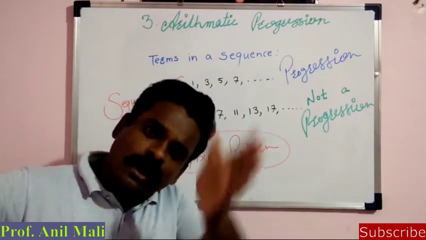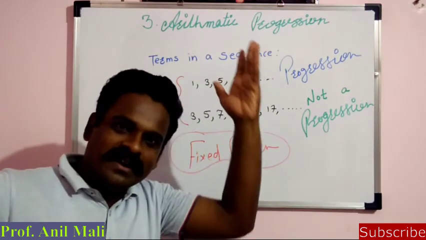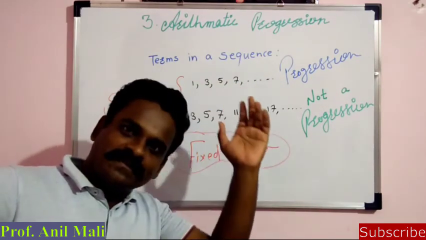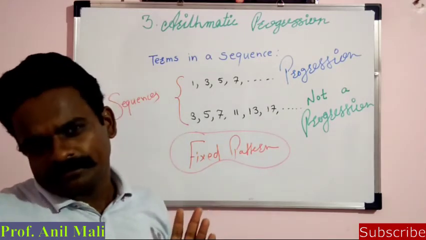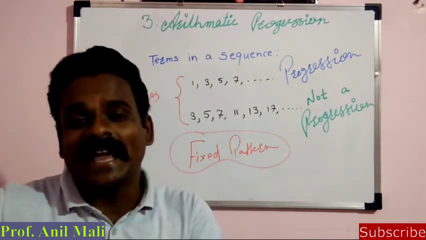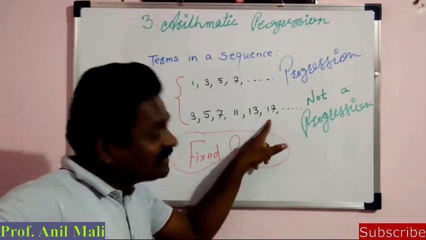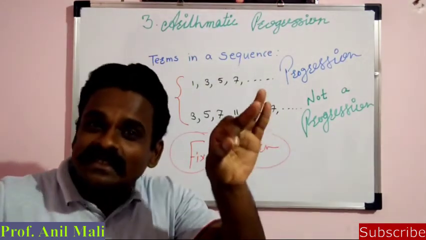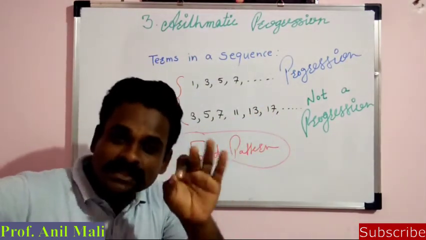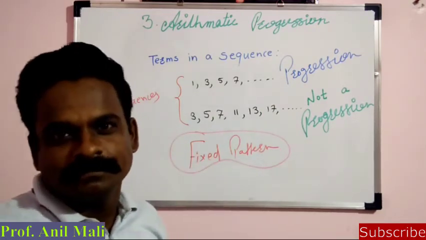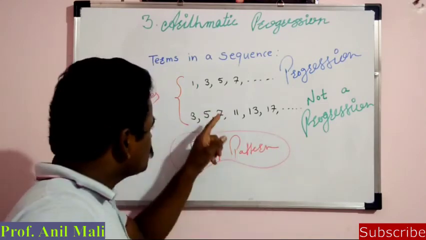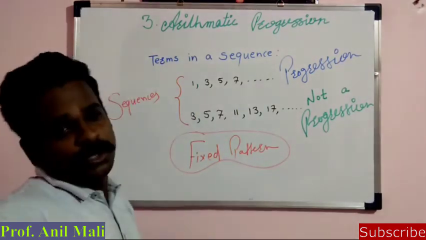But we can't find the 100th term or 200th term or 500th term with a single formula. We can't calculate its nth term with a specific formula in terms of n. And that's why this is not a progression and the other is a progression.